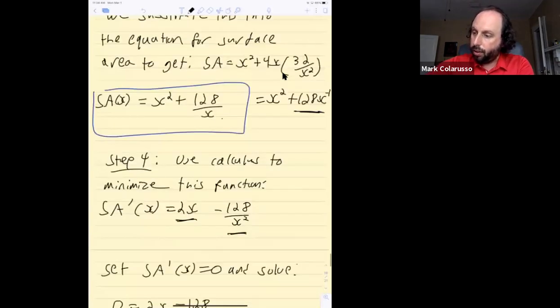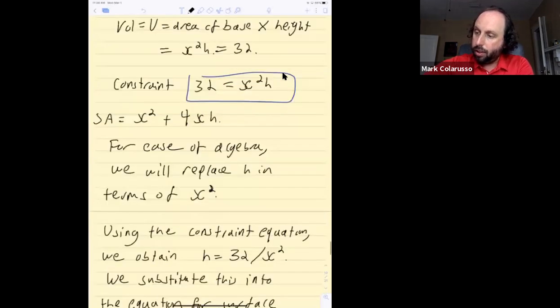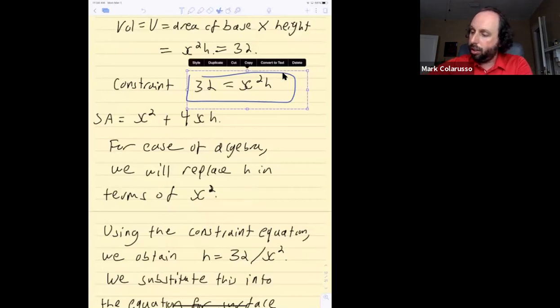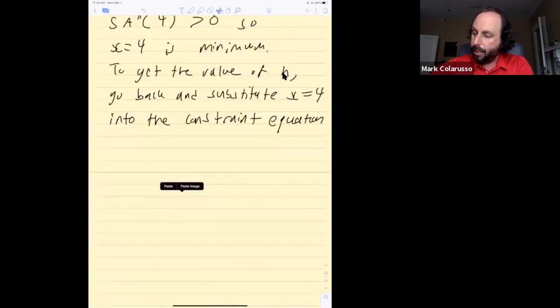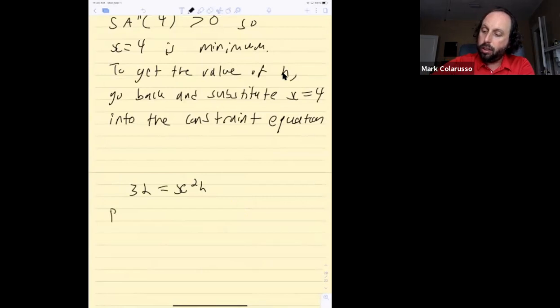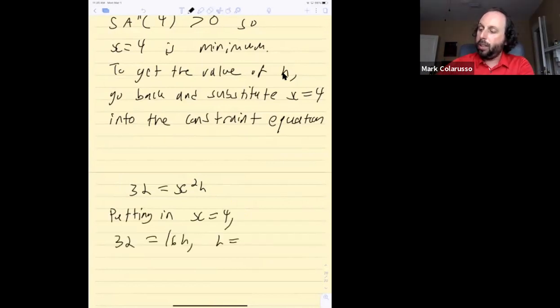There it is. So if you put in x equals 4, you get 32 equals 16h, so h equals 2.